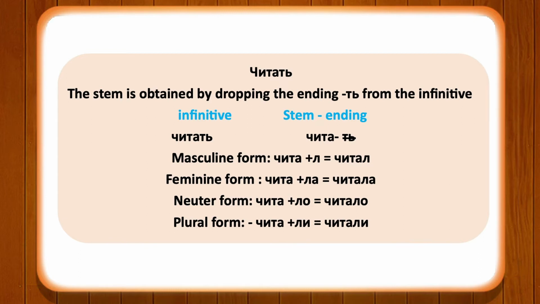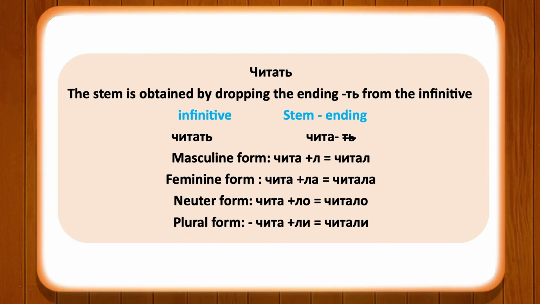So the past tense form of the verb chitat' would be chital for masculine nouns, chitala for feminine nouns, chitalo for neuter, chitali for plural forms.